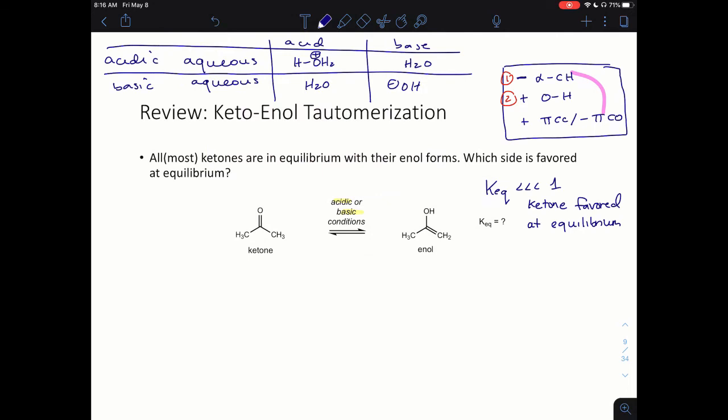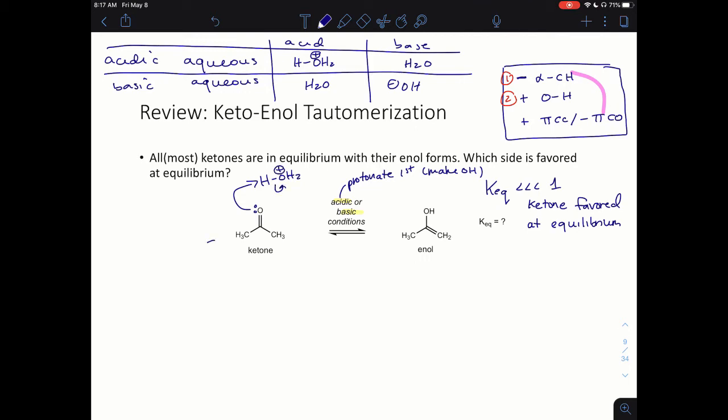So under acidic conditions, you're going to protonate first, which means that you're going to make the O-H first. So let's take that basic pair of electrons, that electron-rich site. It's not all that basic, but it's basic enough, and protonate.